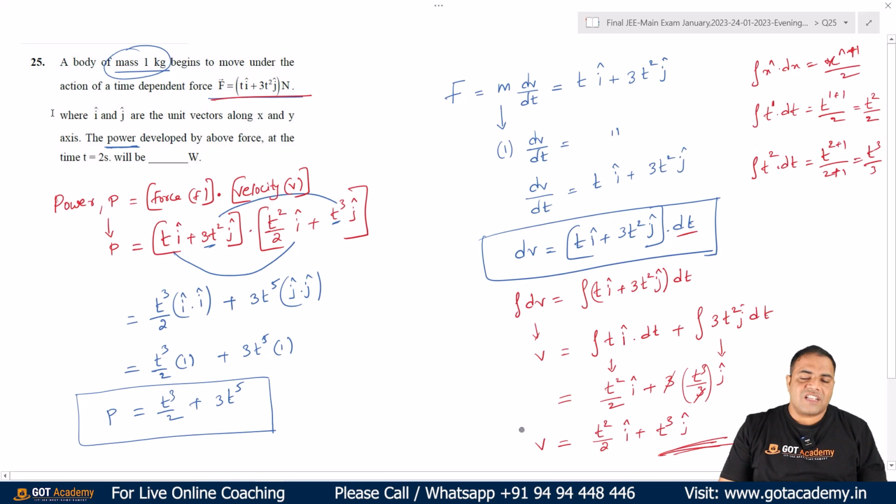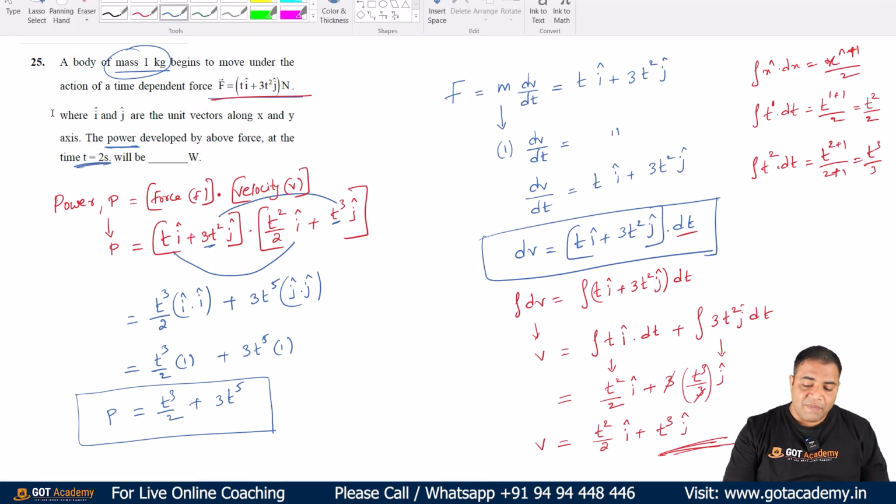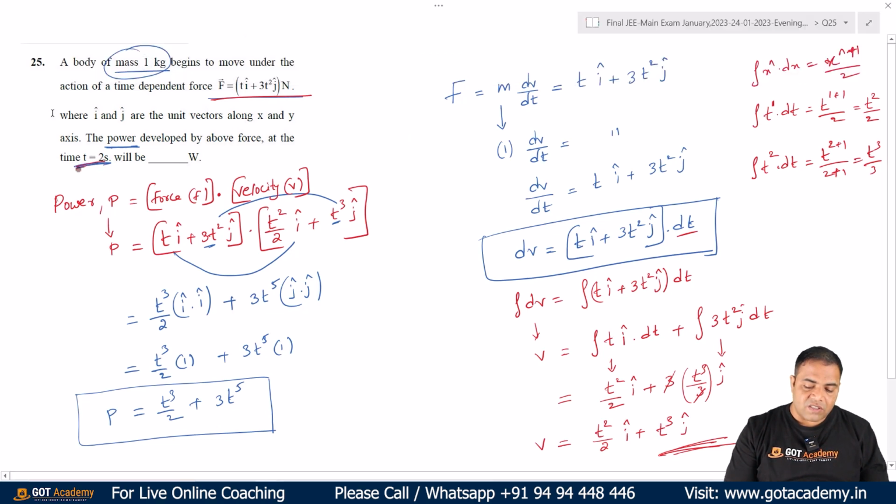Now recollect, just look at the question, my dear. Did he ask me to find out the power at t seconds? No. He has asked me to find the power at time t equal to 2 seconds. So in place of t, you have to substitute t equal to 2 seconds. So power in 2 seconds: P is equal to, in place of t I am putting 2, 2 cube by 2 plus 3 into 2 power 5.